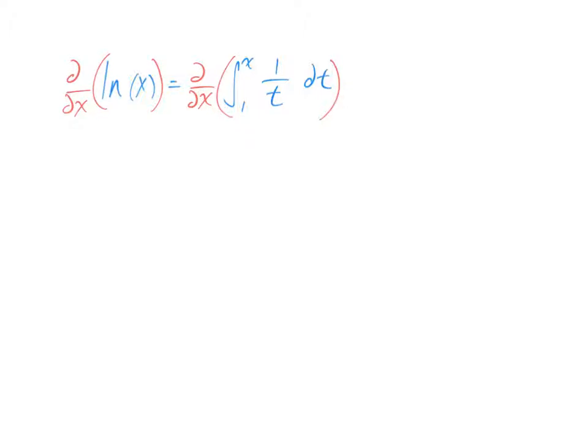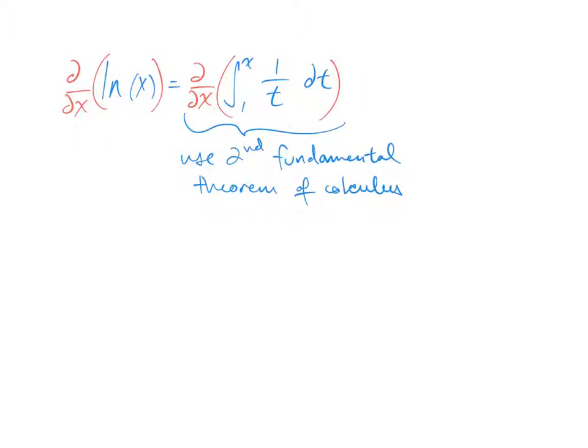But this derivative is another form of the second fundamental theorem of calculus. And the second fundamental theorem of calculus states that if we start a definite integral at some constant and go up to x, essentially we can just drop this x right into this function, and we will get that the derivative of the natural log is equal to 1 over x.